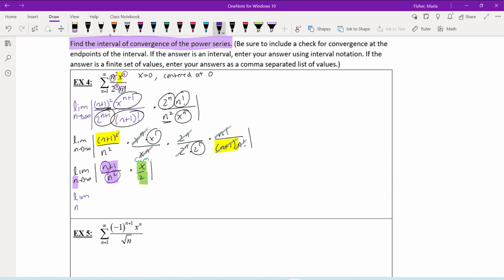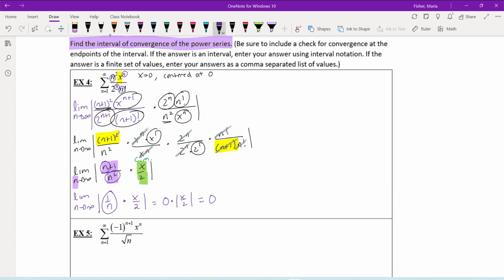So we're looking at the limit as n goes to infinity of the absolute value, and n over n squared reduces to 1 over n, and that's still times x over 2. Well, the limit as n goes to infinity of 1 over infinity is just 0. So this is 0 times the absolute value of x over 2, but 0 times anything equals 0, therefore we end up with 0.